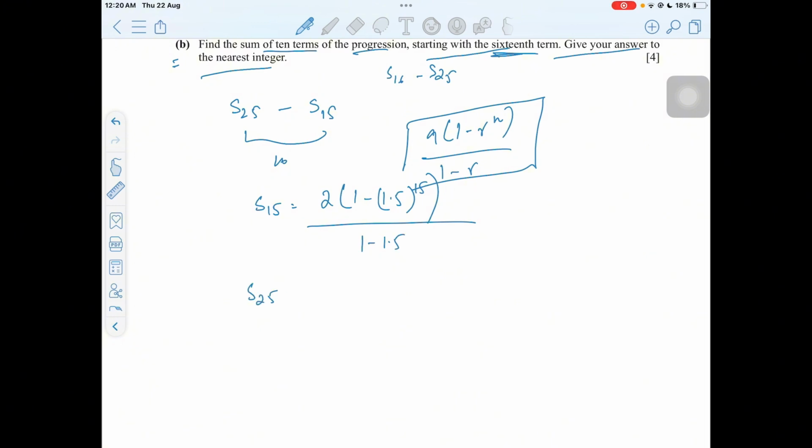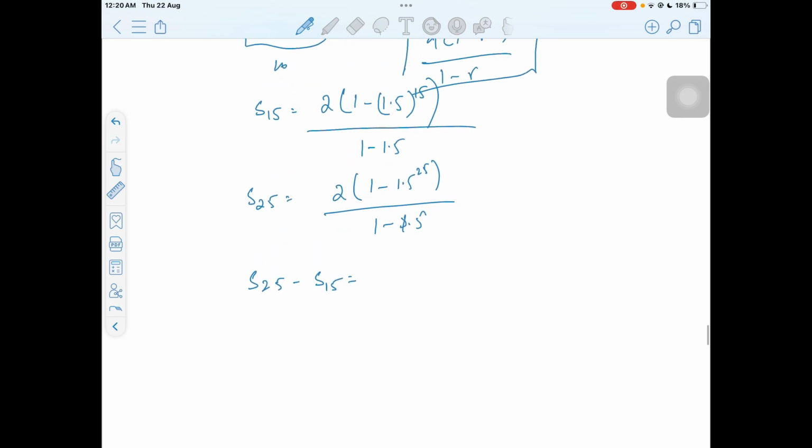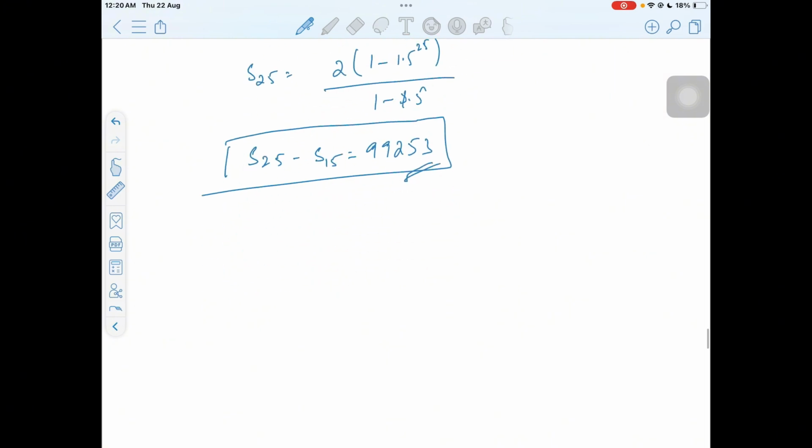And for S25 we get 2 times 1 minus 1.5 power 25 over 1 minus 1.5, and if we subtract both, we get our final answer. You can use the calculator over here. Our final answer would be 99253, right? This is our final answer.